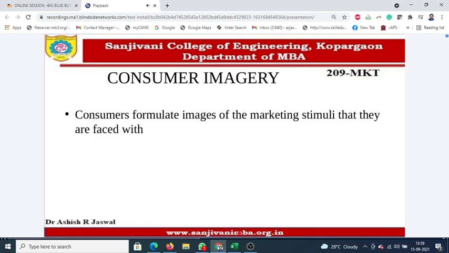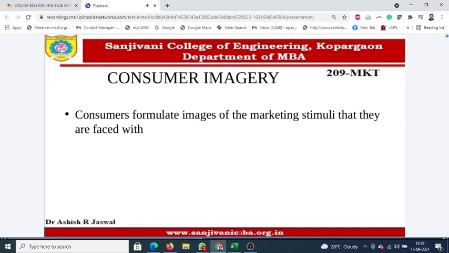So what I mean to say is the perceived image that gets formed may relate to the marketing mix element. It will relate the product to the marketing mix element. Let us try to understand in a very simple way.